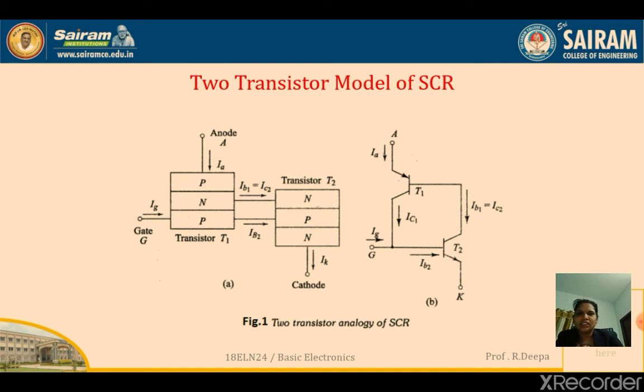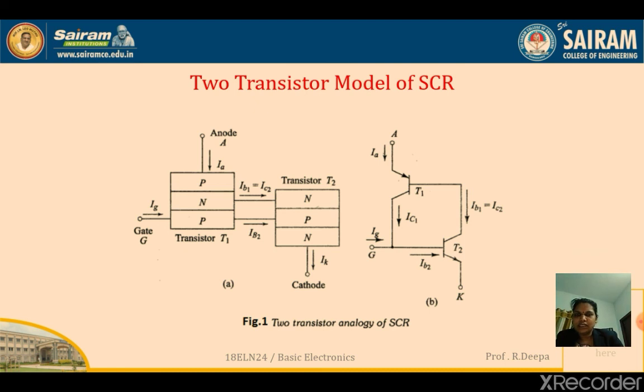Let us analyze this two transistor model of SCR with the help of the currents flowing across the transistors. As I told you, the transistor T1, which is a PNP transistor, has the base current named IB1, the collector current named IC1, and the emitter current IE1. The gate current is represented as IG, and the current which flows from anode to cathode is represented by IA.